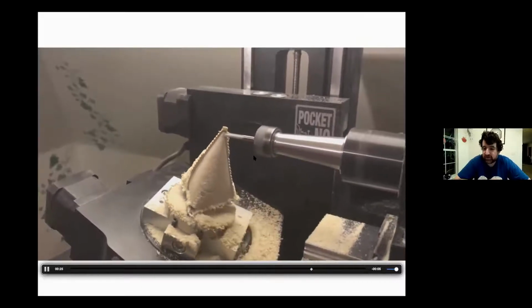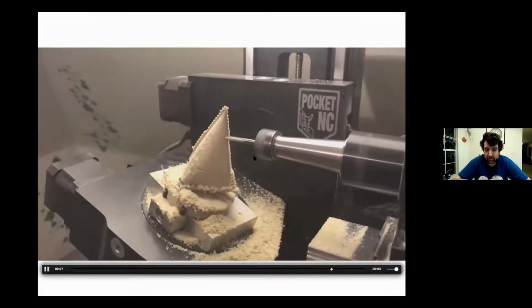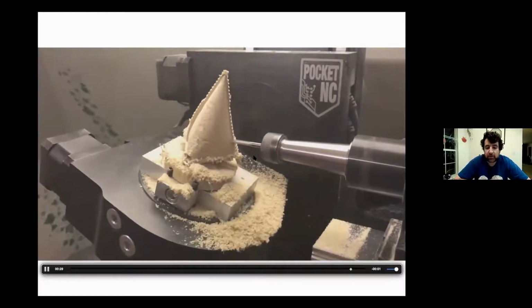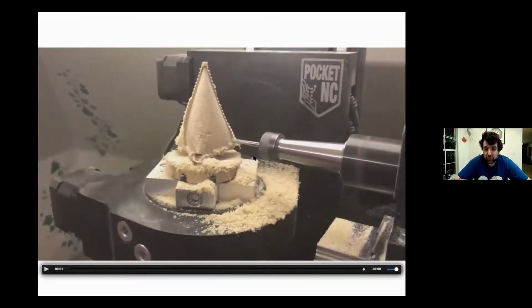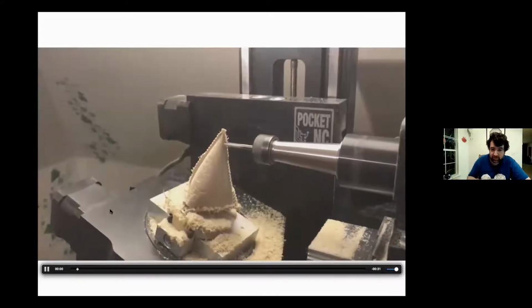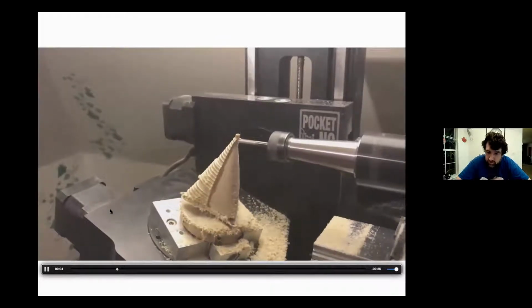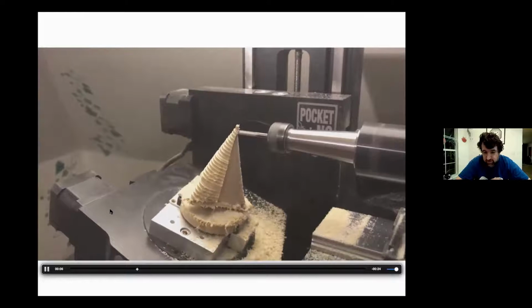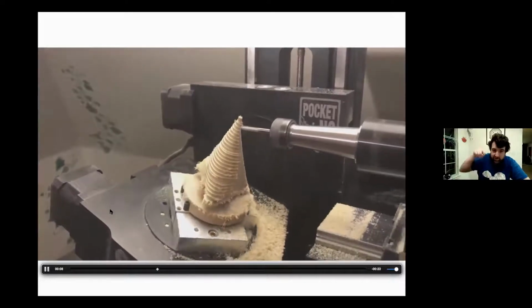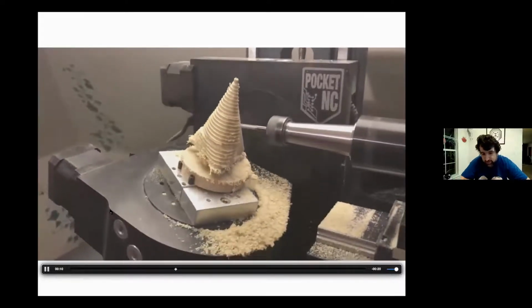We created these paths on the mathematical surface and then asked the machine to move along those paths. And you can see, if I play this again, as the machine moves, it is always staying so that the tool is at right angles to the surface at the point that it is cutting.